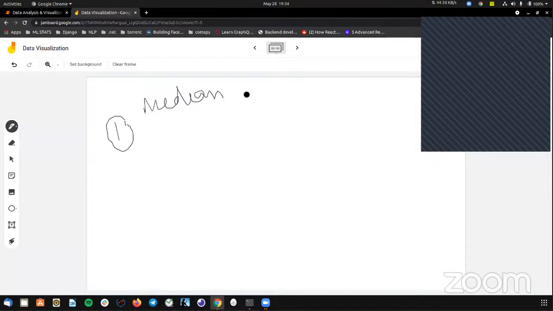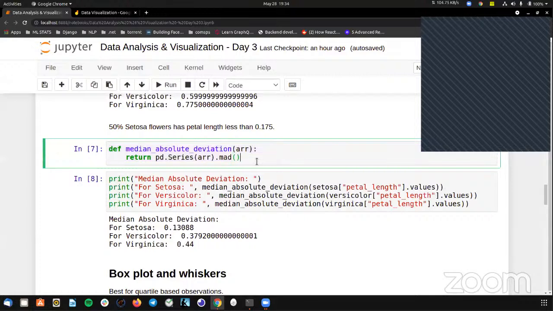Yes, exactly. Very good. Robust to outliers. It is not going to be hampered by the outliers. So why exactly are we choosing it right now? Because it is a good metric to deal with outliers.